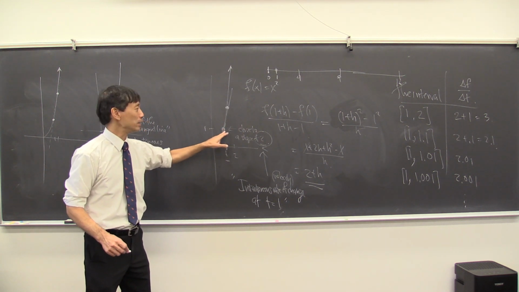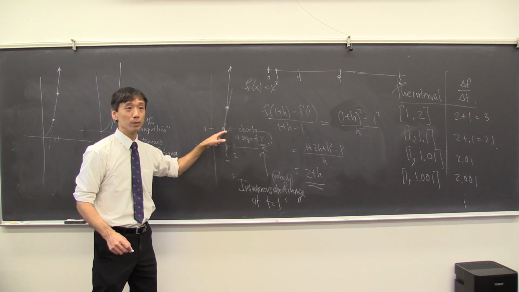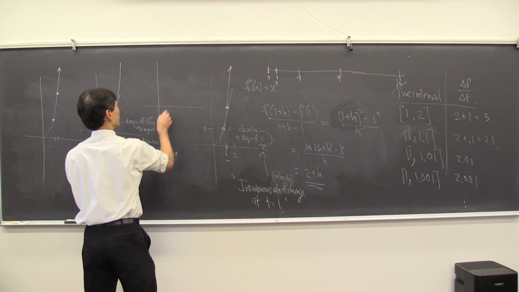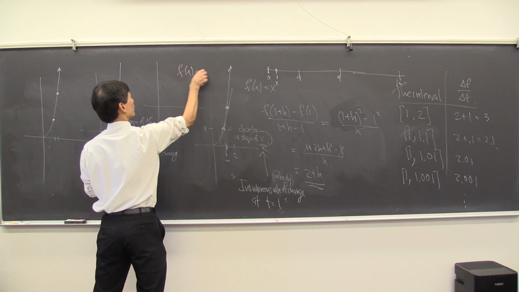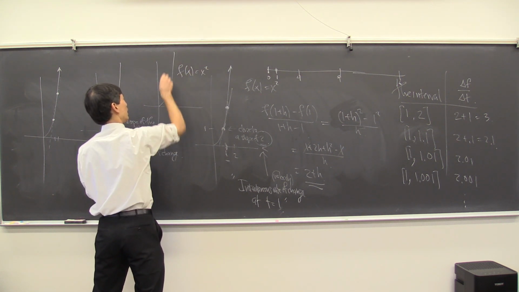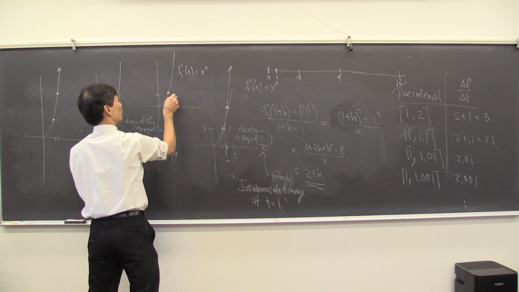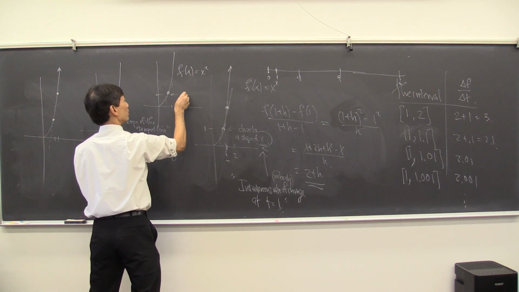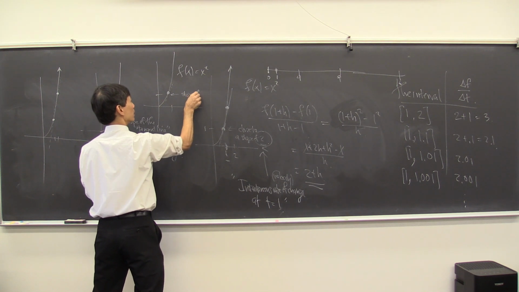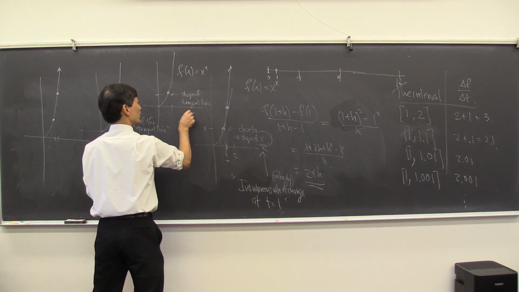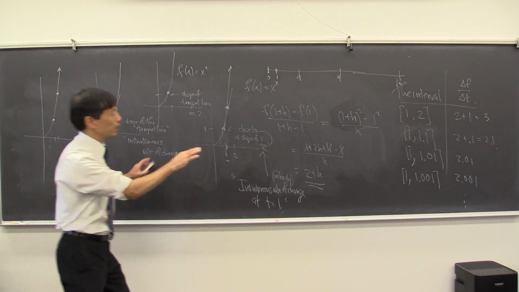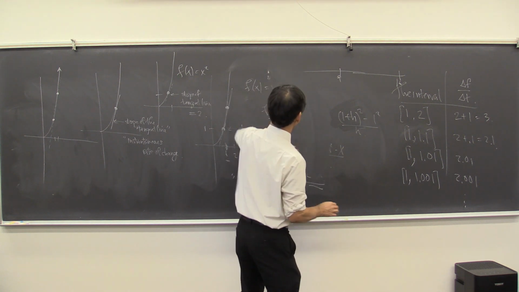So if you have the function f of x equals x squared, and you look at the point 1, 1, the slope of the tangent line here equals 2. That's all that this calculation is.